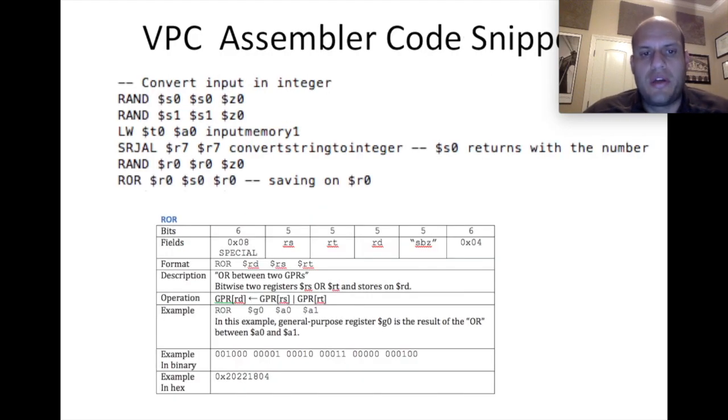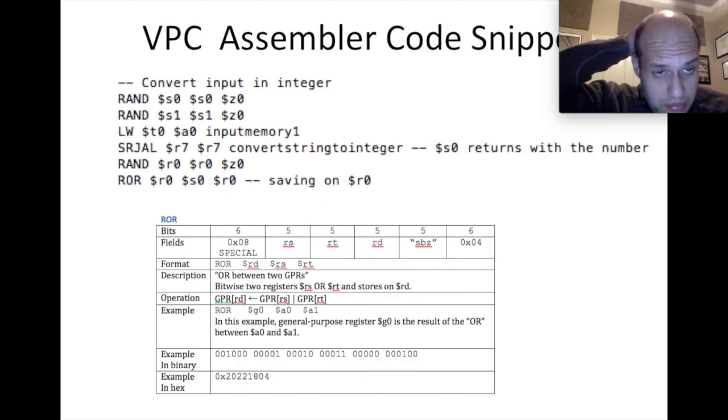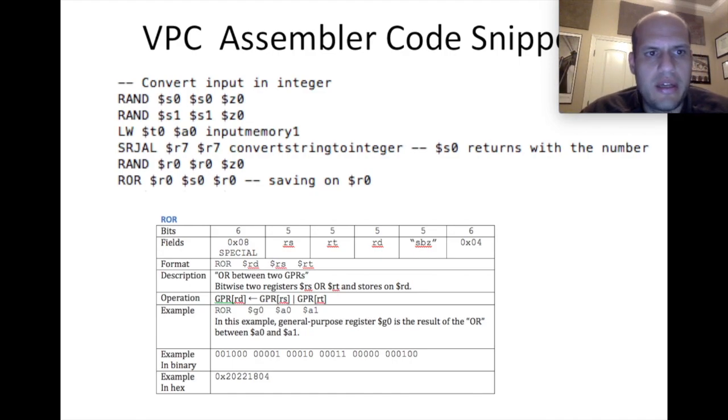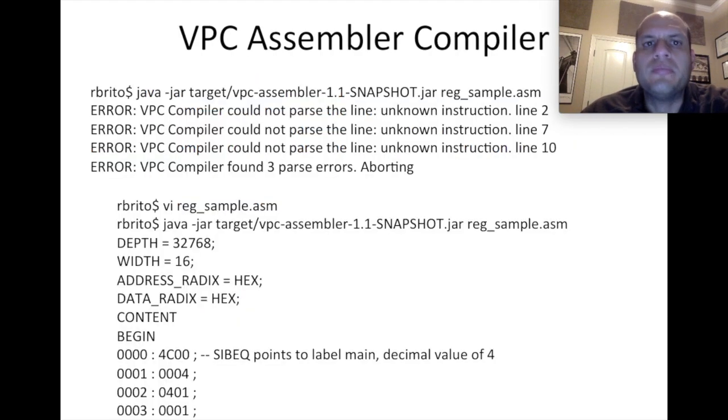Here's an example of my assembler code, R and some jump and link, load word, and I put a snippet of my principles of operations doc, how for each instruction I documented.